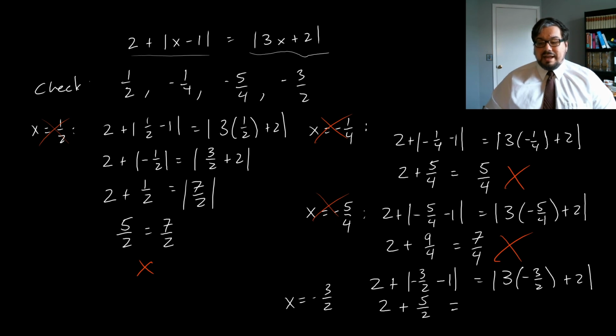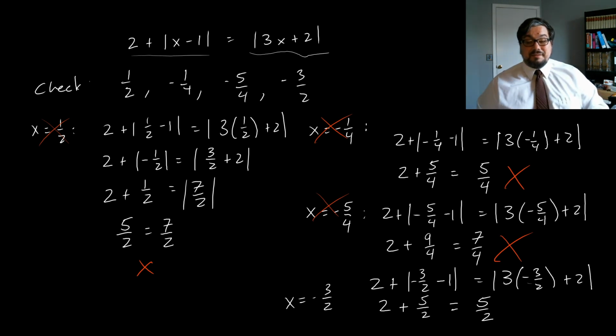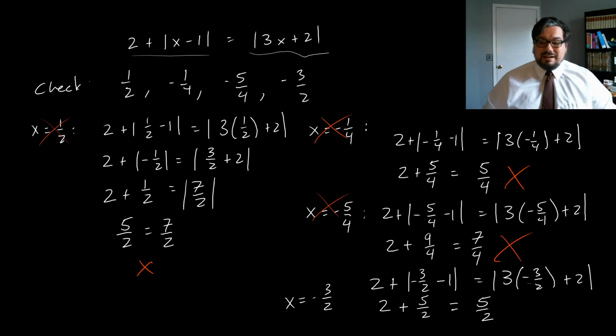And then we get -9/2 plus 2. 2 is 4/2. So -9/2 plus 4/2 is -5/2. The absolute value of that is 5/2. And again, we have nothing.